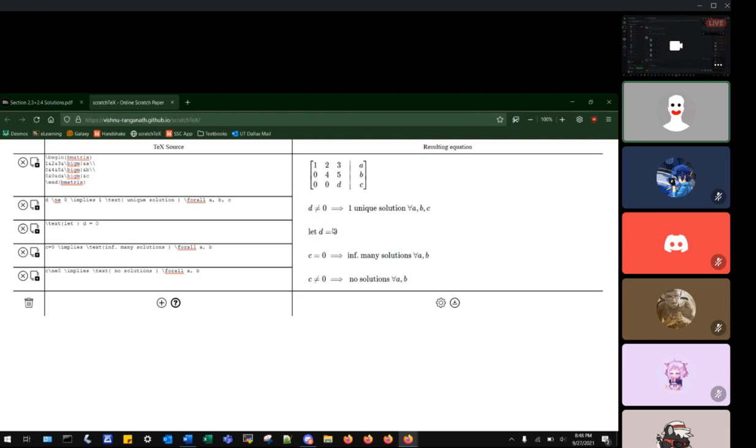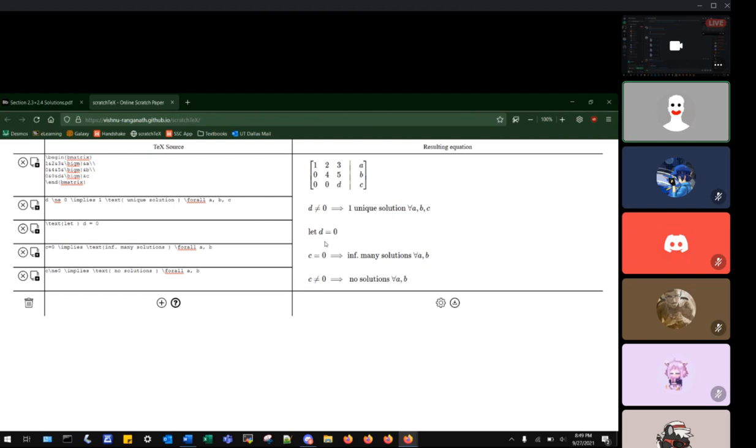So if we let d equal 0, then if c equals 0, we'll have infinitely many solutions because we'll get 0x plus 0y plus 0z equals 0. And no matter what a and b are, you'll have an infinite plane of solutions.